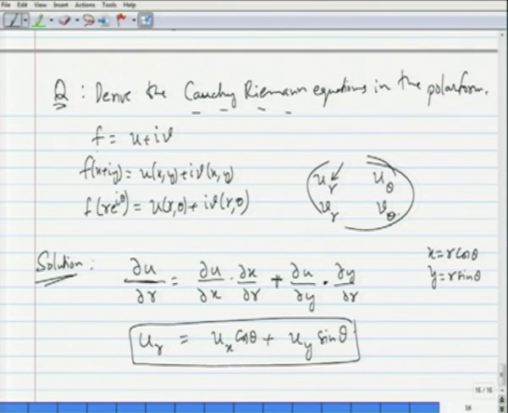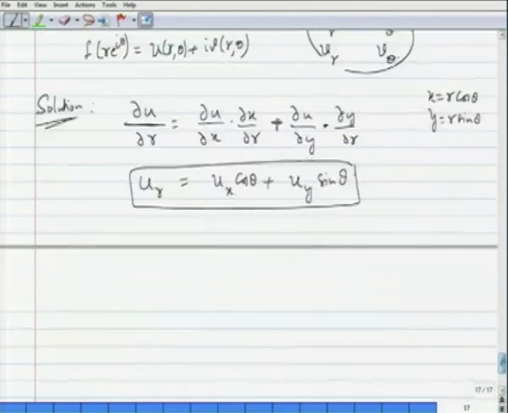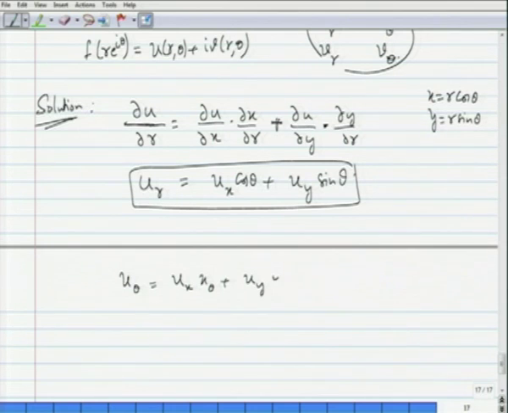So, we will preserve this, and likewise u theta is u x x theta plus u y y theta.